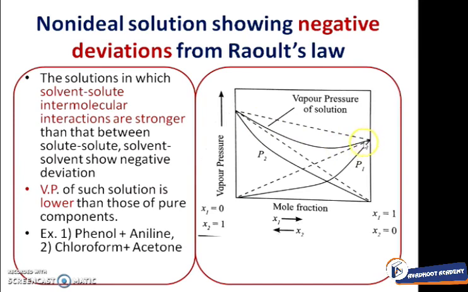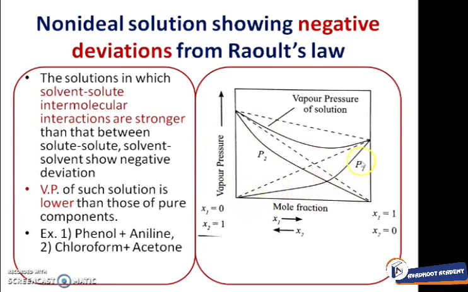Now here you can see the solid line represents the actual total pressure after preparation of the solution, and this dotted line shows the ideal behavior. Similarly, this solid line shows the negative deviation of the partial pressure of component A2 as compared to the ideal behavior shown by this dotted line.